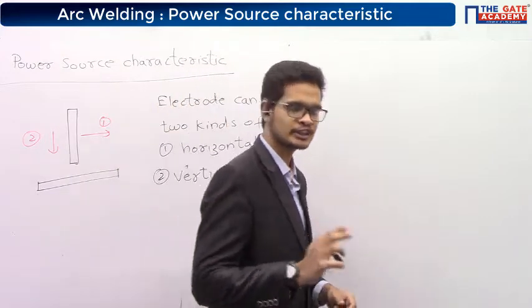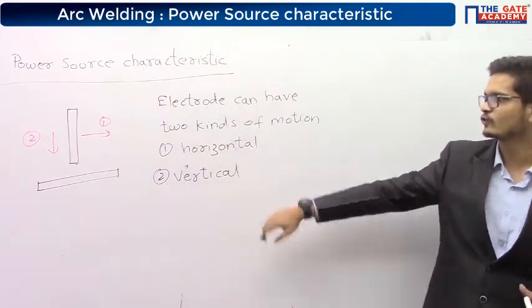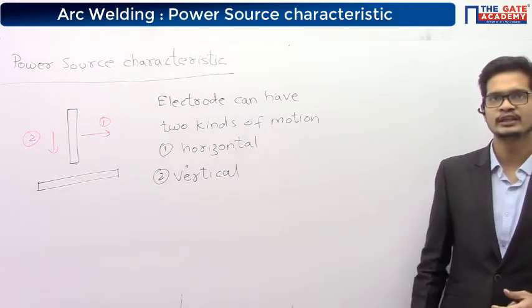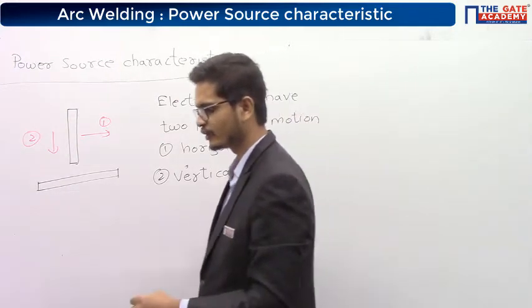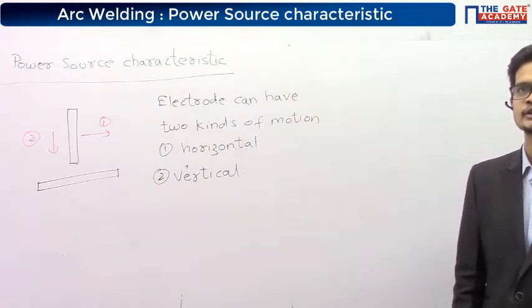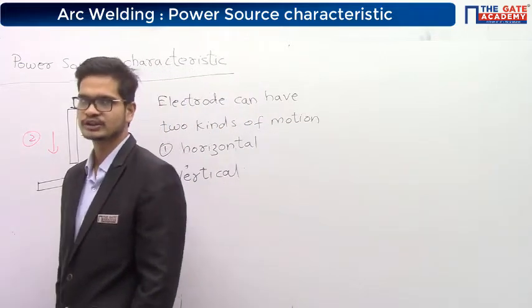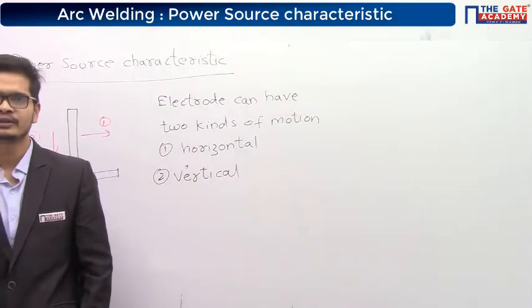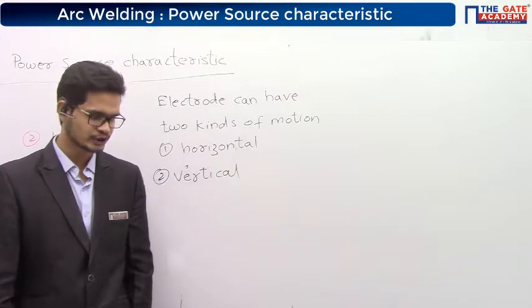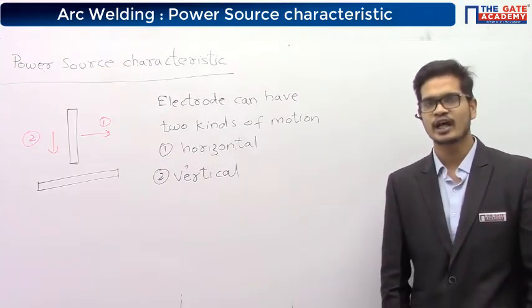Okay, so please write down. First copy this. Electrode can have two kinds of motion, horizontal and vertical. If both the motions are controlled manually, it is called manual arc welding.